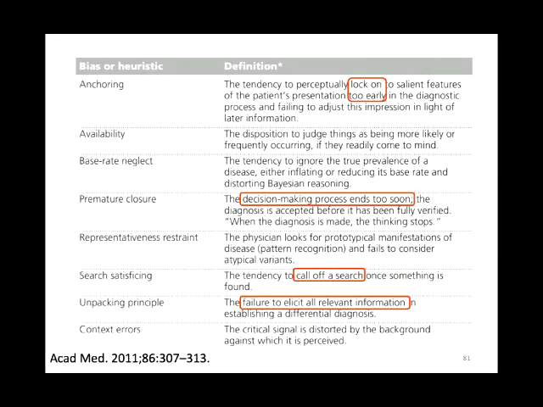So if you are locking on to a process too early, it means you've stopped continuing thinking about other diagnoses that might be occurring. Premature closure is when the diagnostic making procedure ends too soon. Search satisficing is when you call off a search. And unpacking principle is when you fail to elicit all the relevant information. You might get a couple pieces of data, and then you decide, I'm stopping there.